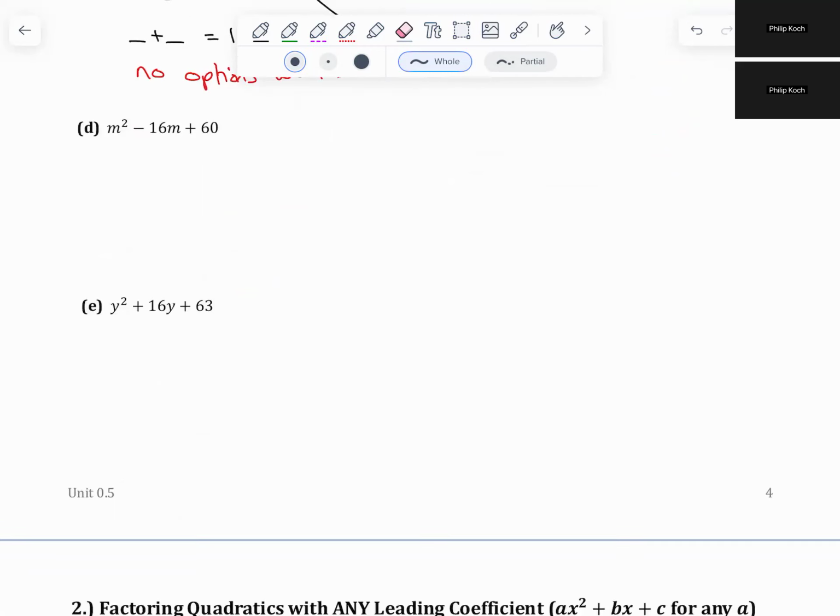All right. If you haven't already started working on D and E, please go ahead and do so. I'm going to slowly fill in details.